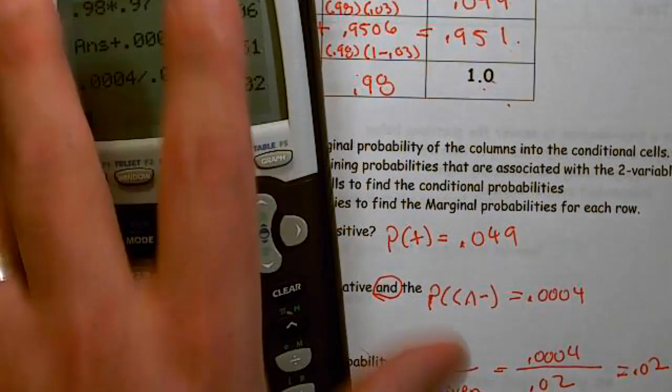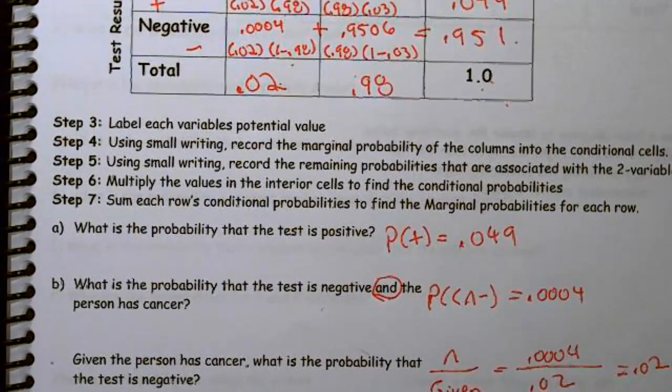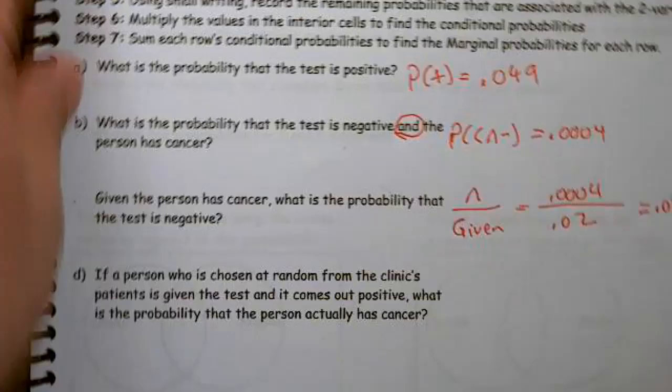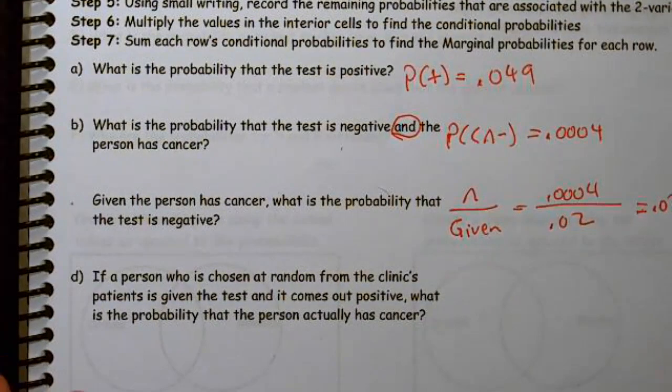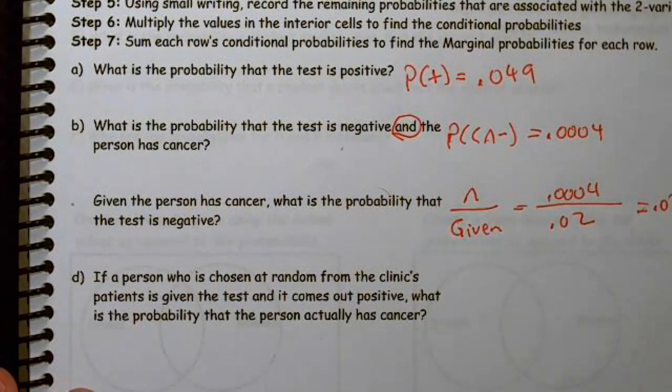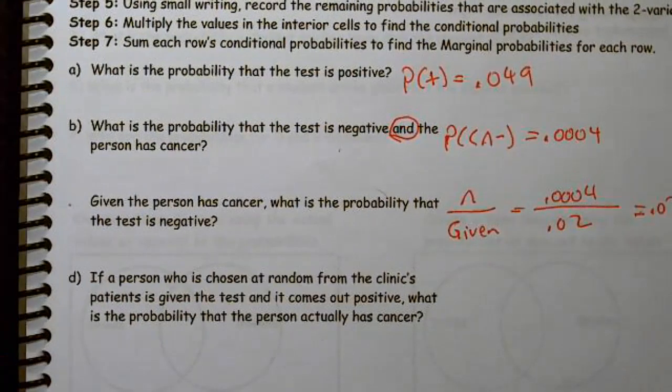And then finally, the last question. If a person who's chosen at random from the clinic's patients is given the test and it comes out positive, what's the probability the person has cancer?